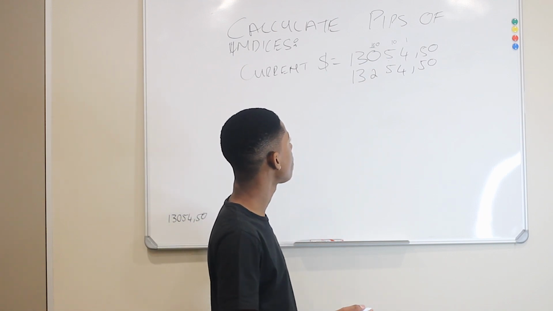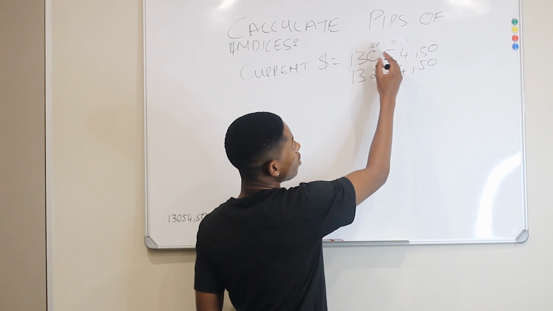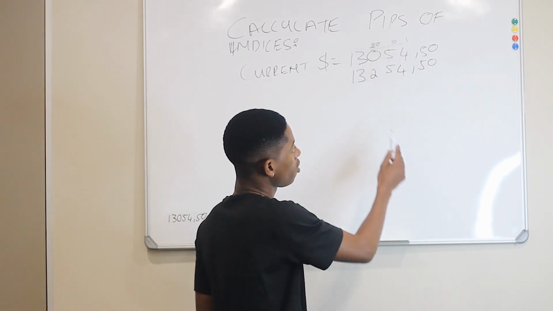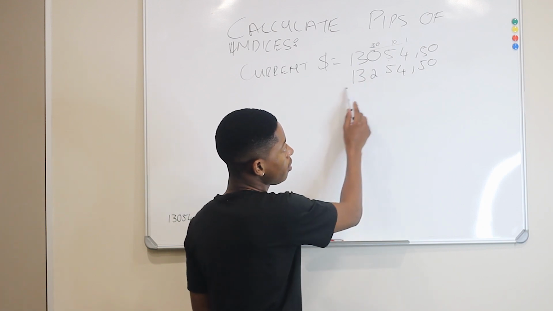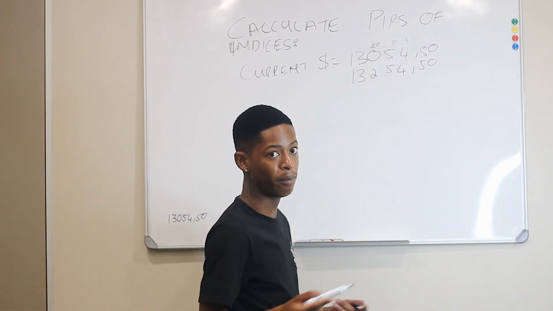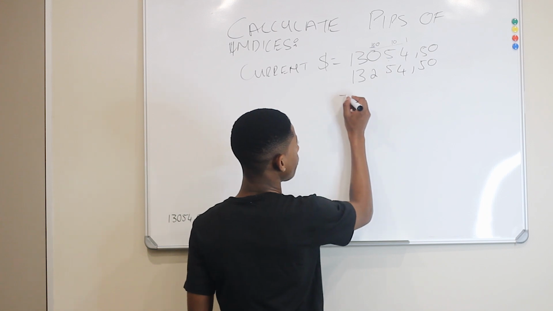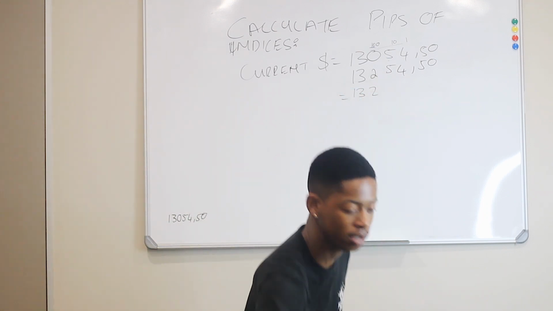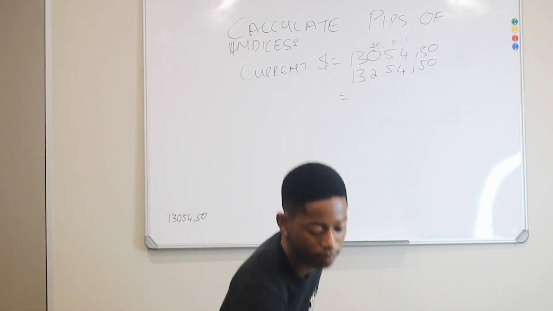So like I did say, this one here is the 100th point, the 10th point, and the first point. So price moved all the way from 0 to 2. Still the same numbers here, so it means that we went up by 200 points. Let me not write it down, we just write down it moved up by 200 points.